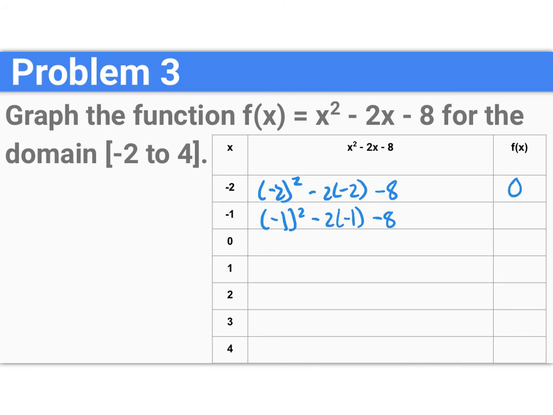Okay, negative 1 squared is positive 1 minus 2 times negative 1, which is plus 2.